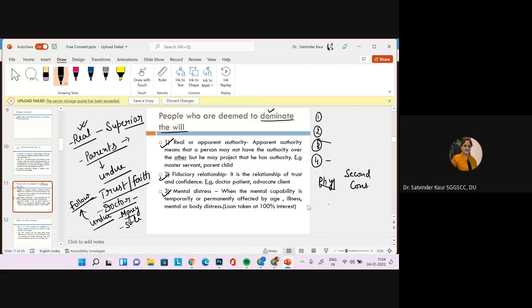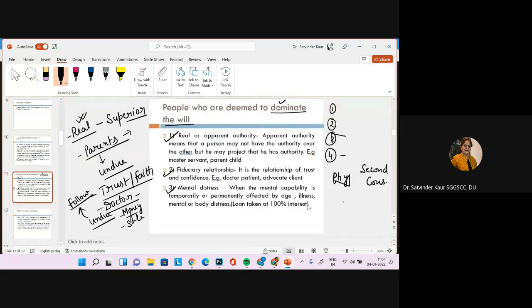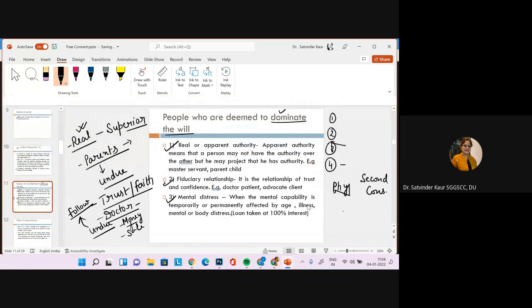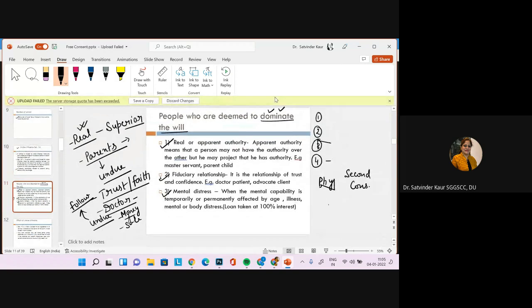Yes ma'am. Right, so that depends, but when we are talking about the concept of domination of will, it is in which circumstances the other person has the superior position and can dominate your will.